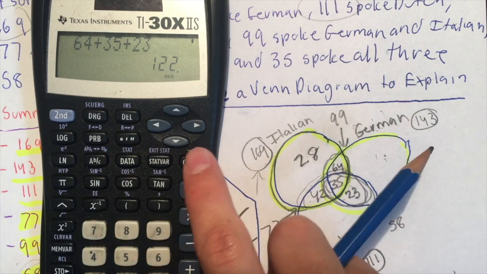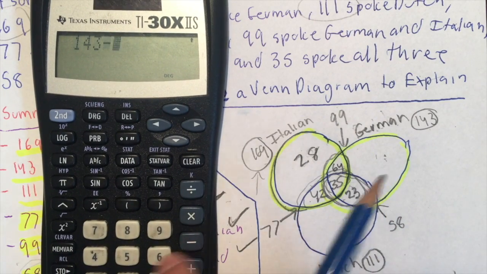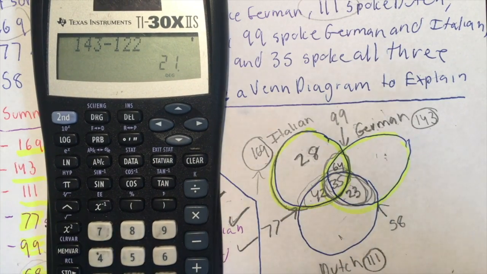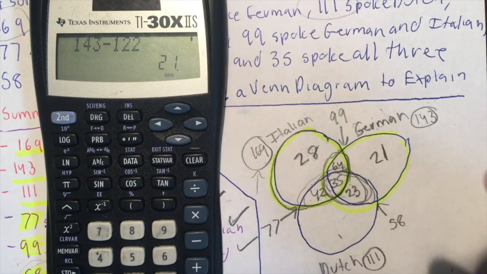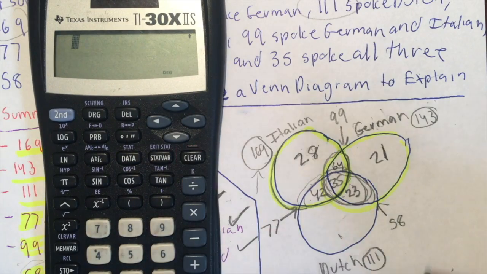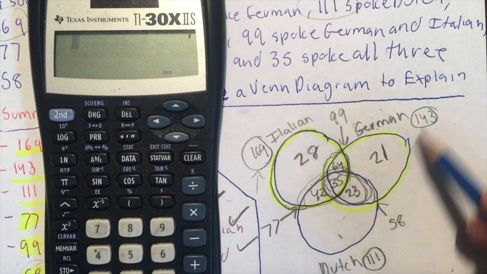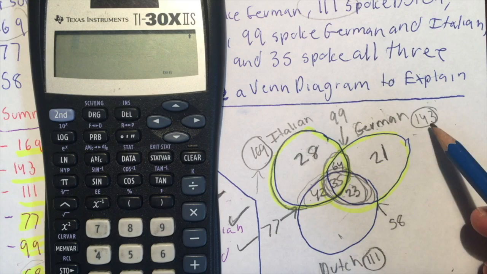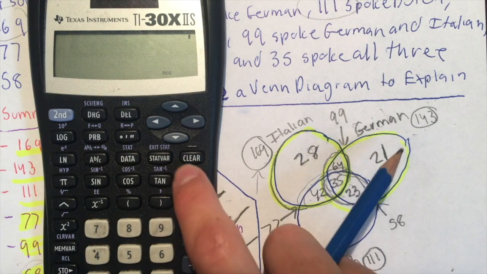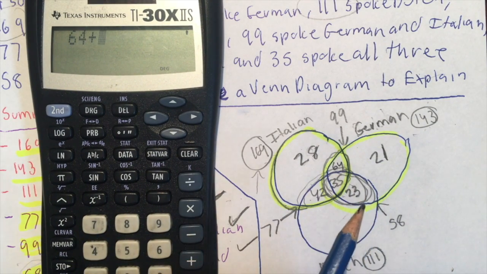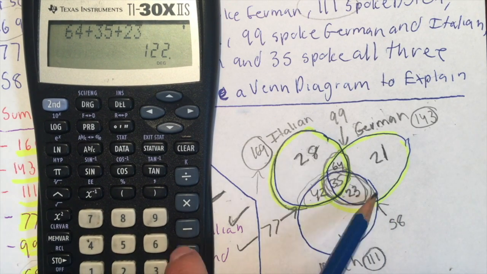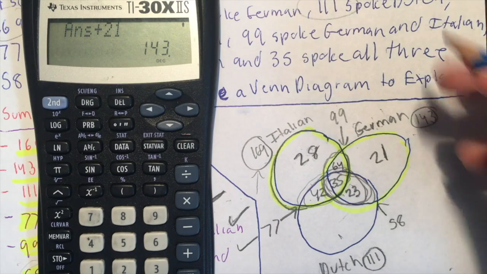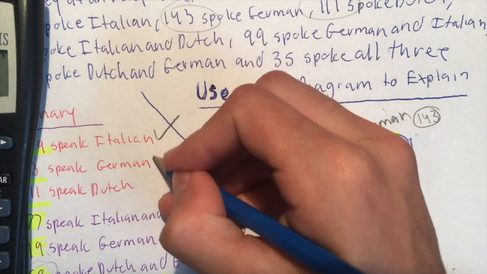So now we have to do 143 minus 122 to find the difference, which is 21. So we know that only 21 speak German, and now we have the whole 143 students. So now we'll check again. 64 plus 35 plus 23 is 122, plus the last 21, 143. So we got the German circle correct.